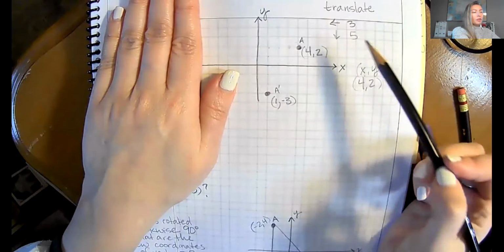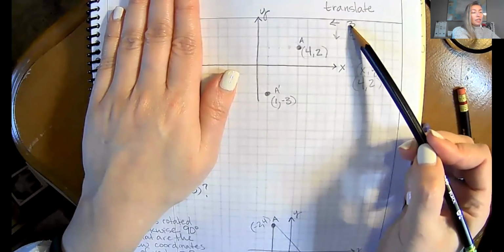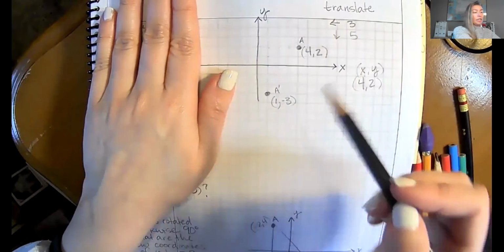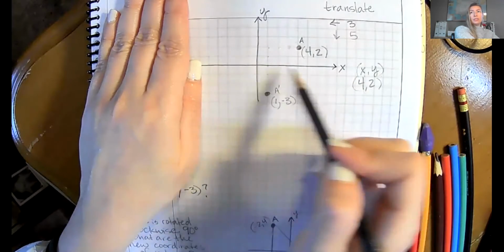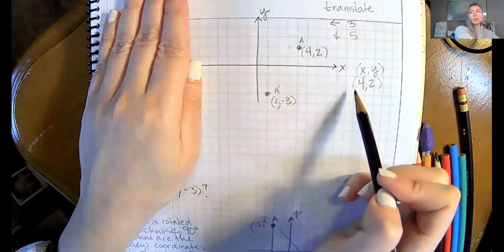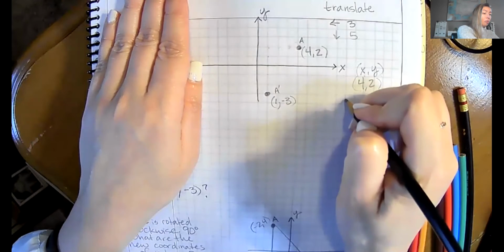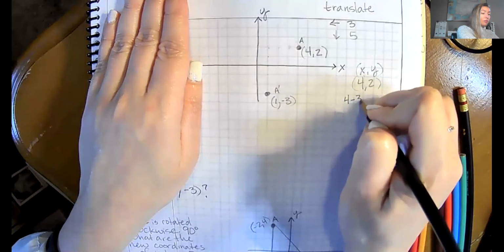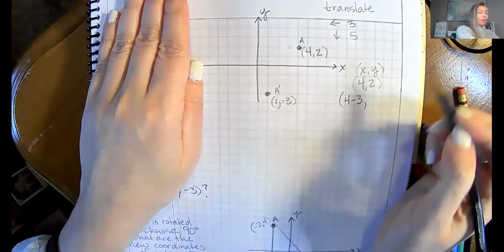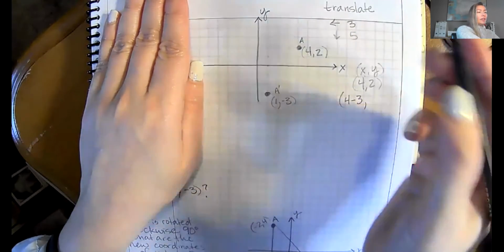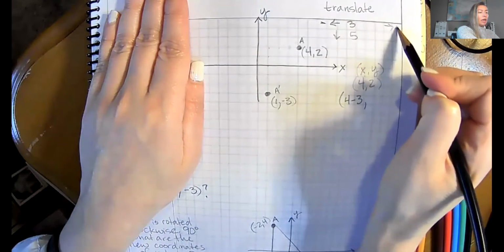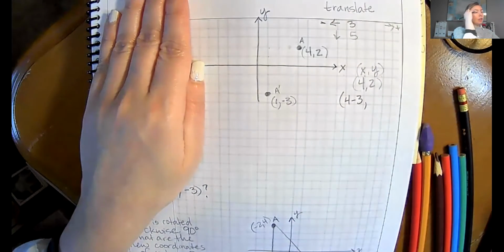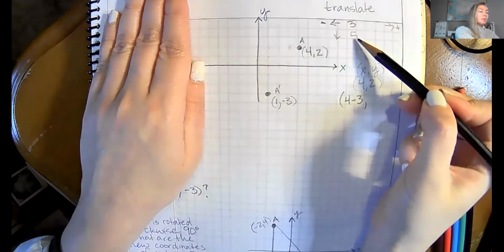So if I wanted to go to the left 3, that is a transformation, or it's being translated in the X direction, all right, back and forth, right? So I'm affecting the X values there. So I could just come down here and go, oh, well, that's like 4 minus 3. Why did I do minus? Minus because it's going in the negative direction. It's going left. If it were going to go right, that would be in the positive direction, and I would add.